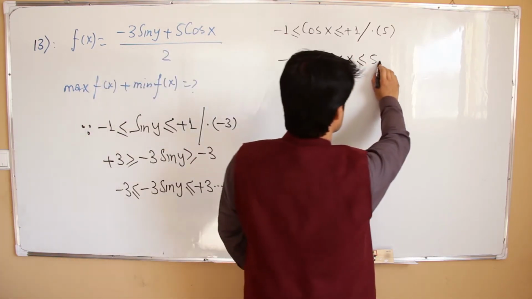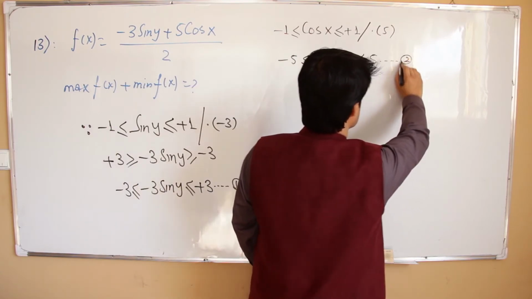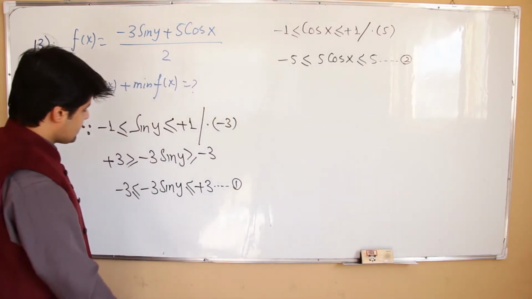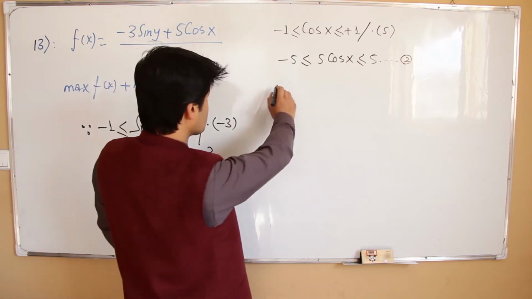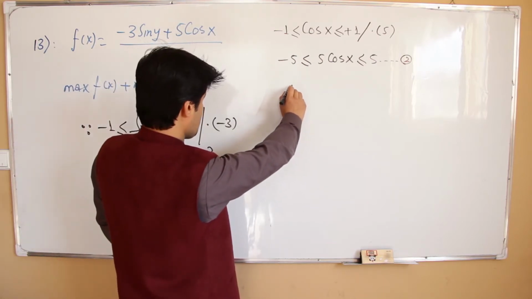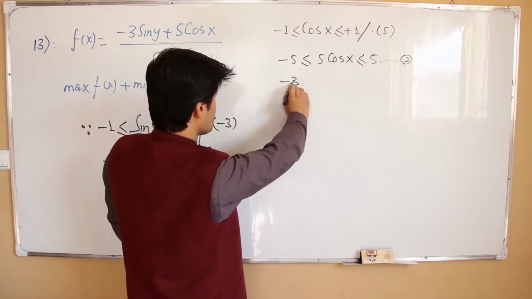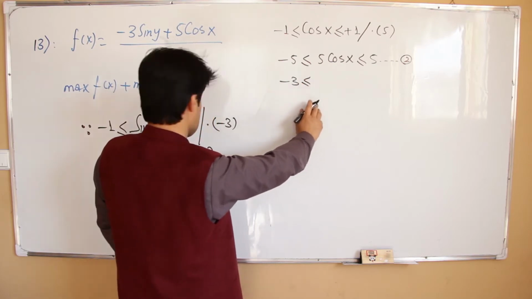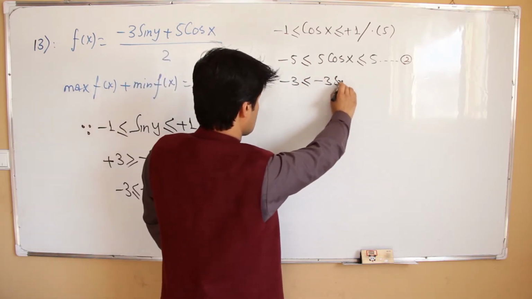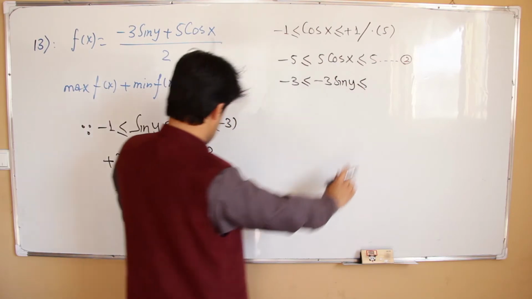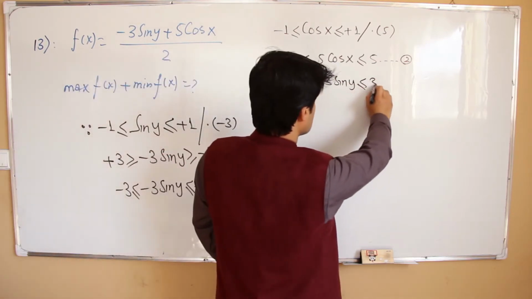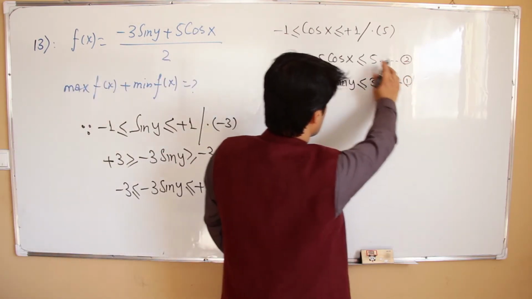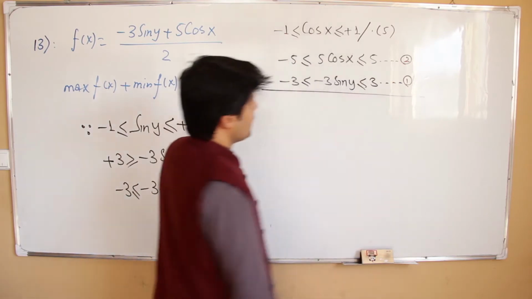This is our second inequality. Now, our first inequality is minus 3 smaller than minus 3 sine y and plus 3, and this is our second inequality.